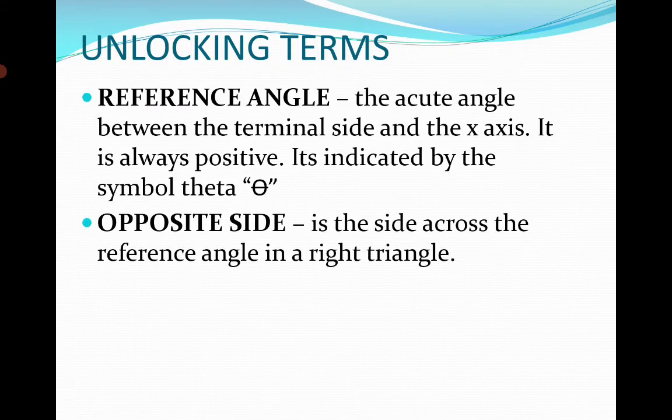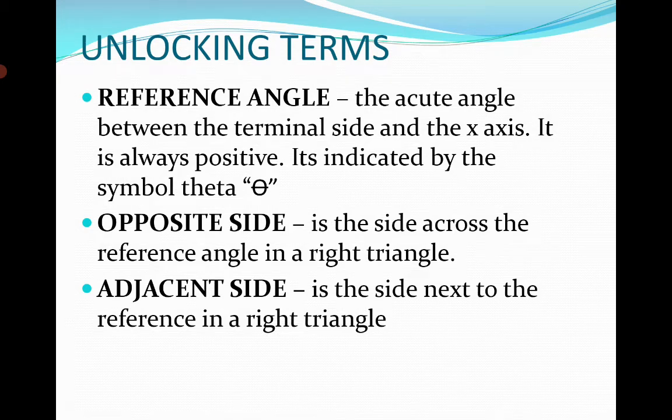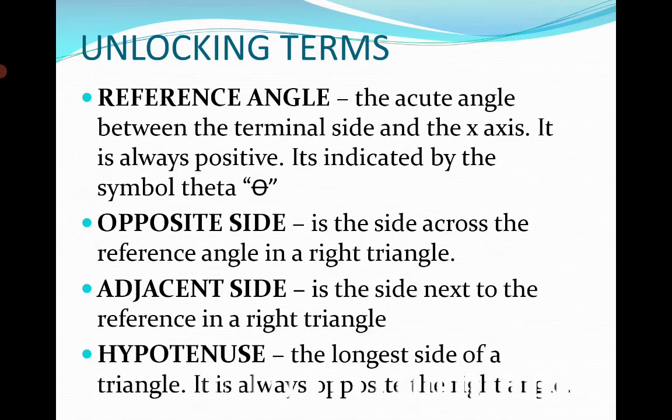So, yun po yung symbol ng theta. Opposite side is the side across the reference angle in the right triangle. And then the adjacent side is the side next to the reference angle in a right triangle. Okay? So, tandaan nyo ha, para mas madali, unahin nyong hanapin ang hypotenuse, which is the longest side of a triangle. It is always opposite the right angle.